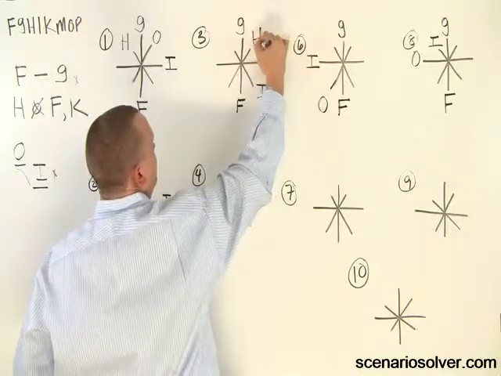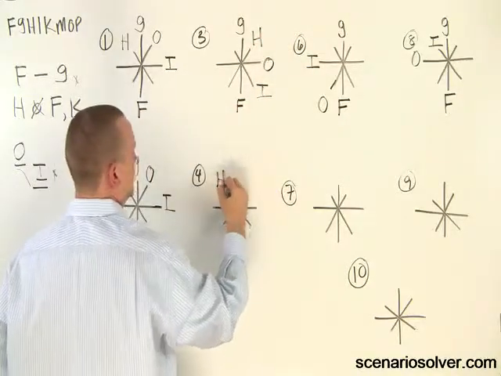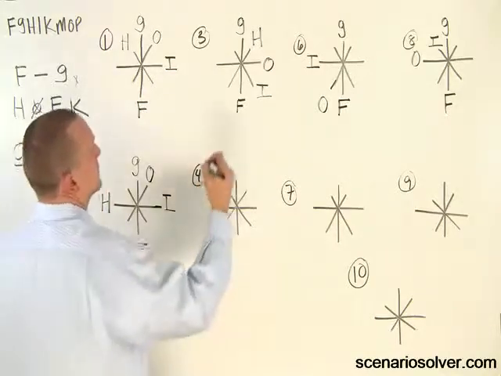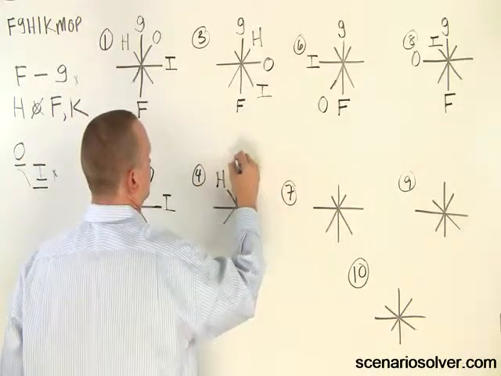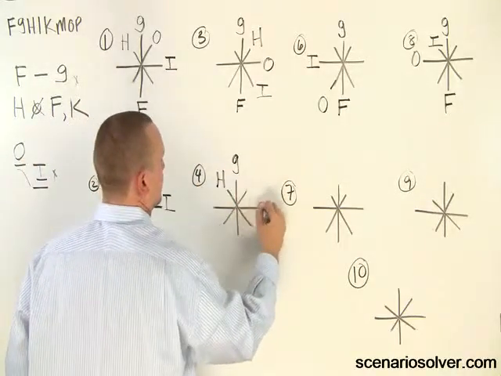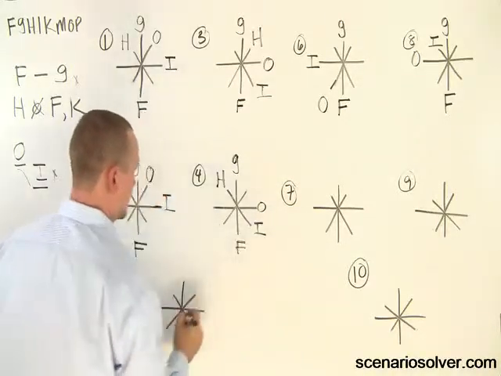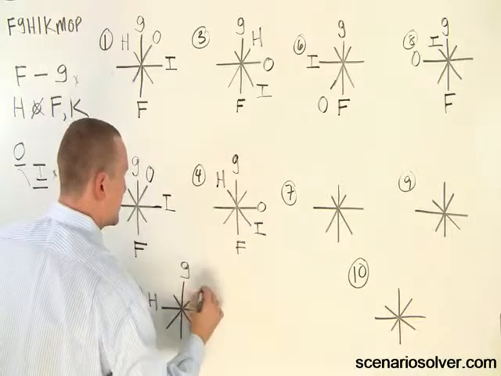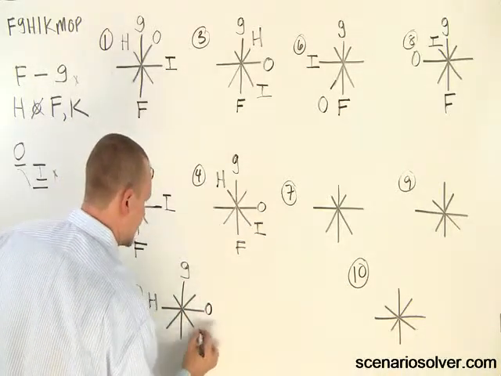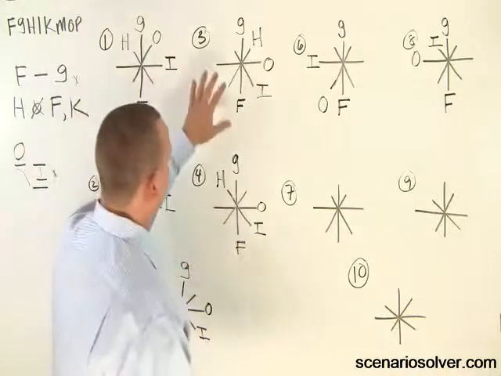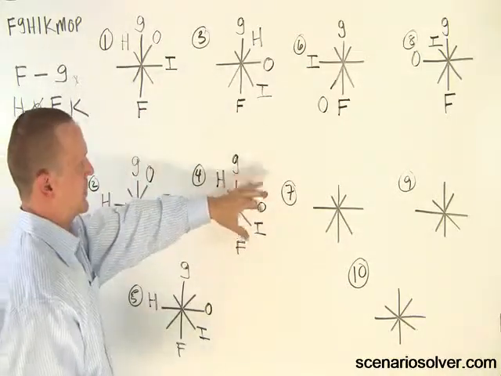H can go here, it can go here, or H can go here. All right, now that's all H can do given O and I sitting there.